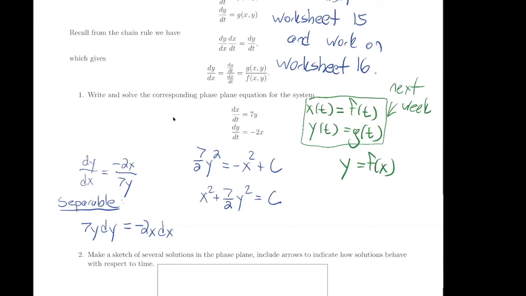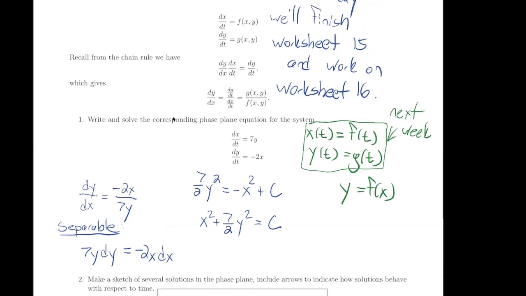So the first bit of information is how do we find the phase plane equation? Well, it follows from the chain rule, and the phase plane equation would be an equation for how the slope of y depends on x. And we can write this equation by taking the equation for dy/dt and dividing by the equation for dx/dt on the bottom.